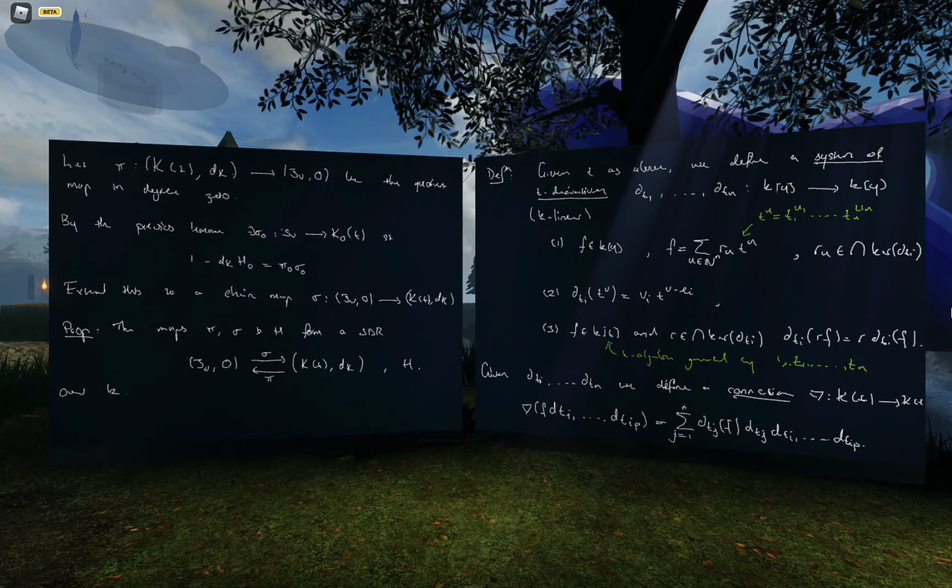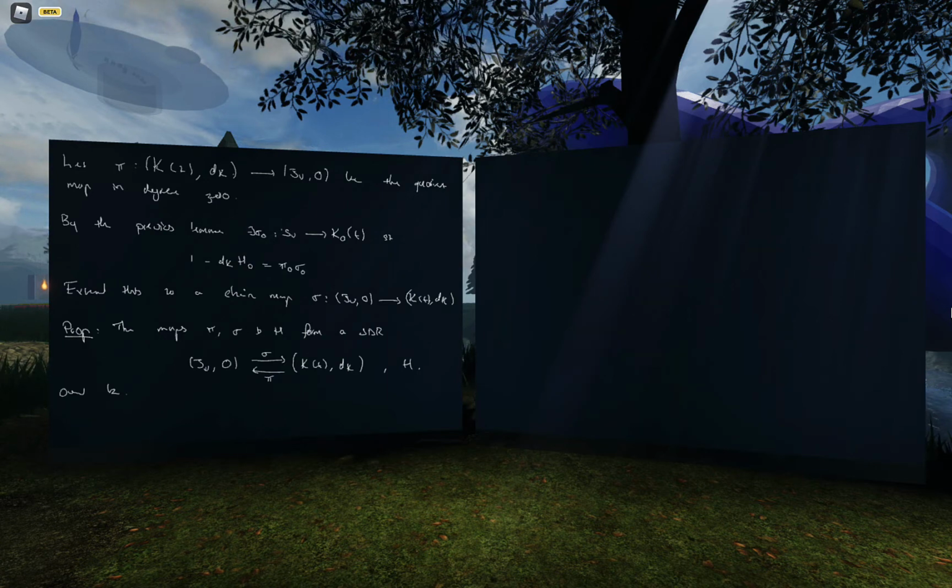Okay, so what do we need to show? So let's take a look at the second board. We need to show the following. So first of all, we need to show that pi sigma is equal to 1. Second of all, we need to show that h dk plus dk h is equal to 1 minus sigma pi, right?